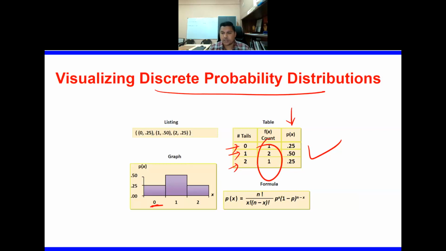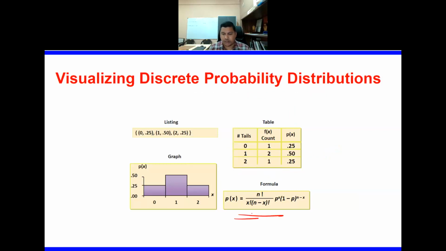We'll see that. We'll ignore the formula for now and come to it when we see the types of probability distributions. For now, try to understand what a probability distribution is. It's a table or a collection of data of the possible outcomes along with their probabilities. That's it. Remember that.